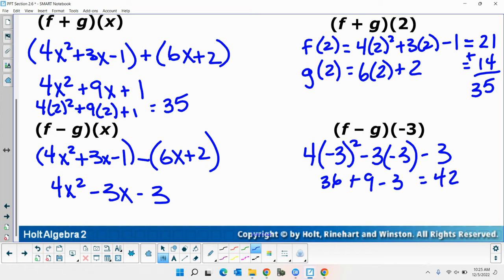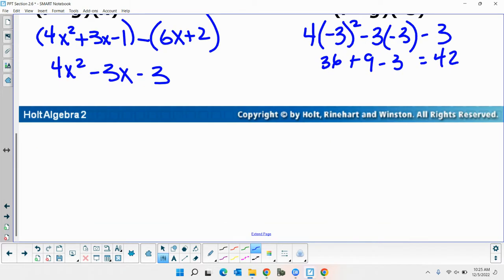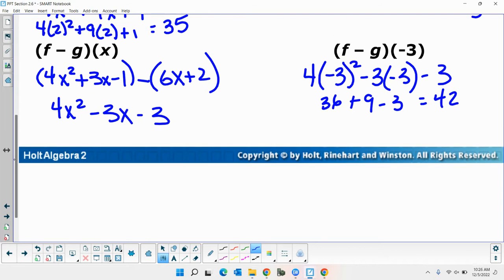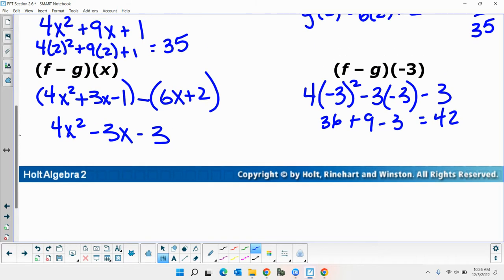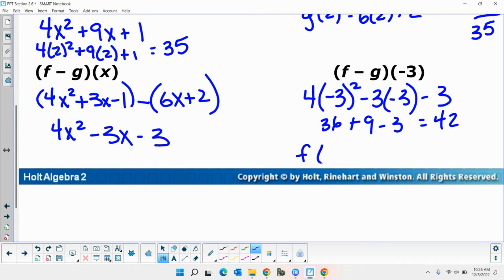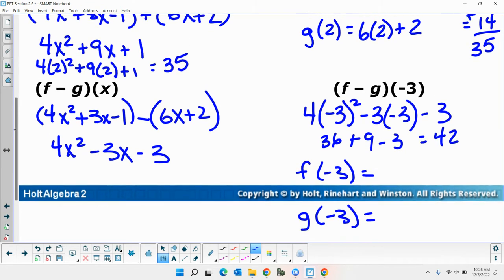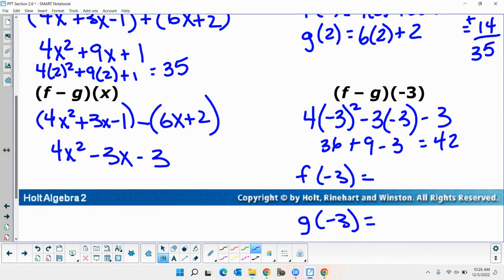Or, like I said, if you want, take f of negative 3, get an answer, and g of negative 3, get those 2 answers and then subtract. Like I said, whatever you prefer.